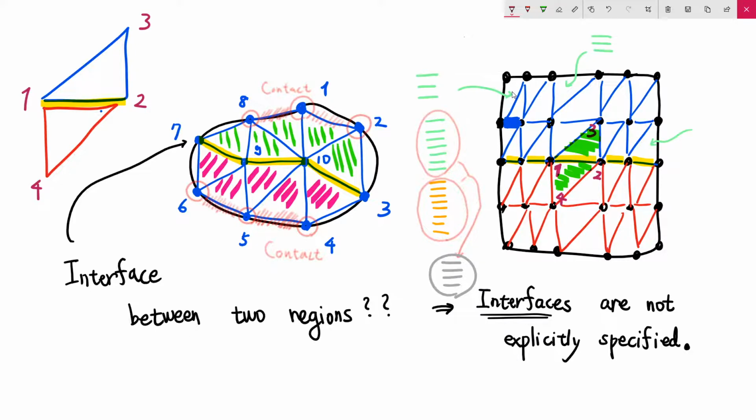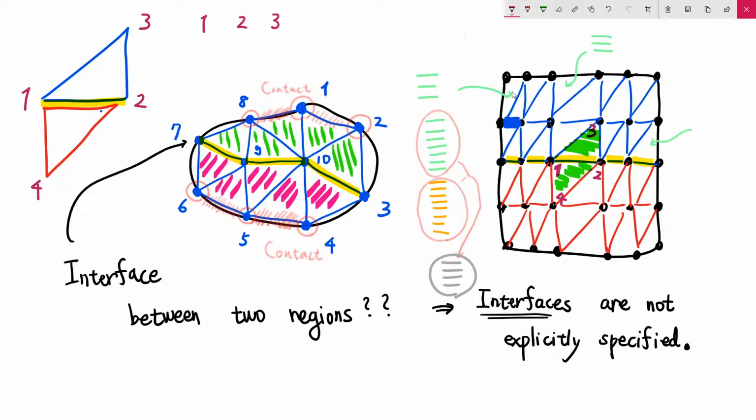Then from this upper region you will have the specification like 1, 2, 3. Why do you have such kind of thing? Because you usually adopt the right-handed rule.